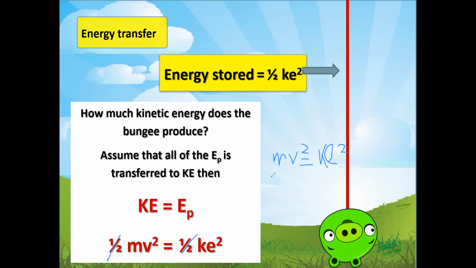If you want to find the mass, you divide here by v squared, and then you divide here by v squared, and then the mass will be m is equal to ke squared over v squared.